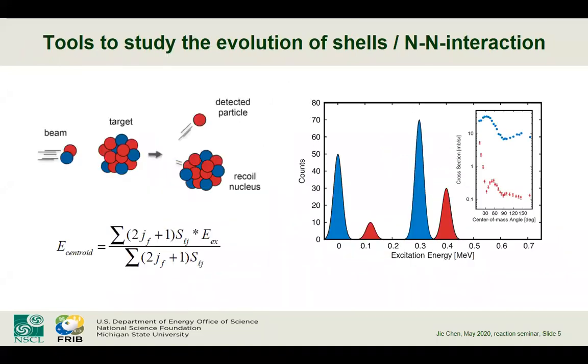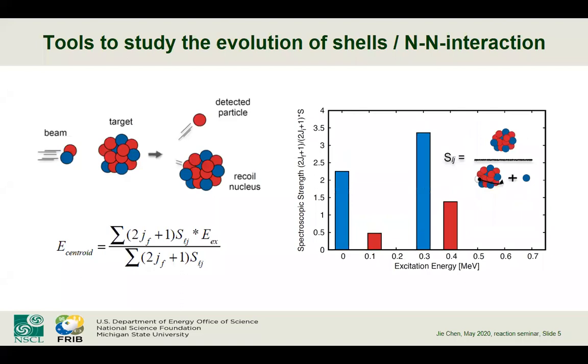So transfer reactions provide a great experimental tool to study the shell evolution as well as the effective interaction. As I show here, the angular distribution determines the angular momentum of the transferred nucleon, and the single-particle spectroscopic factors can be determined by comparing to a calculation like a DWBA calculation.